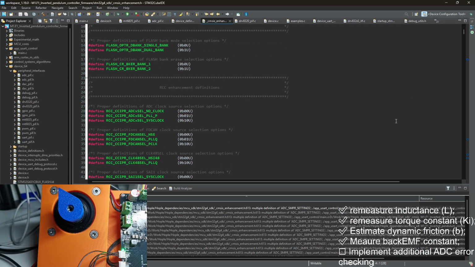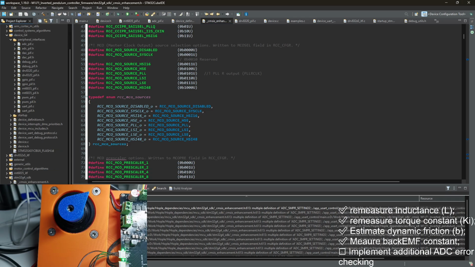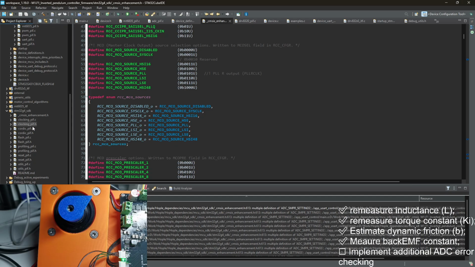I'm rather confused. What do you mean? Where are my timing definitions? Where the hell are they actually? Cortex utils, okay.